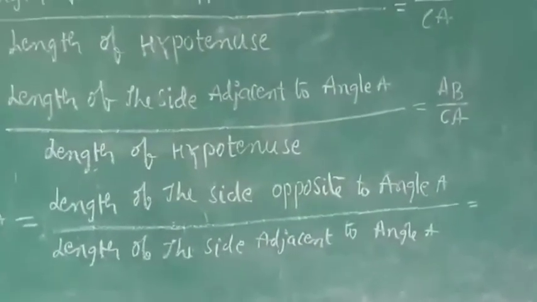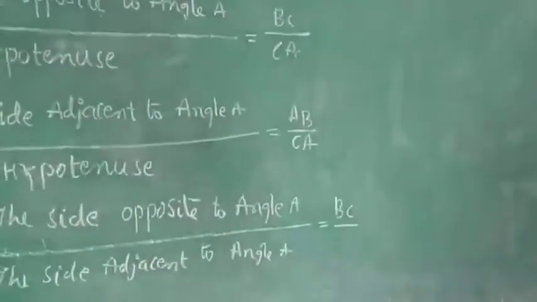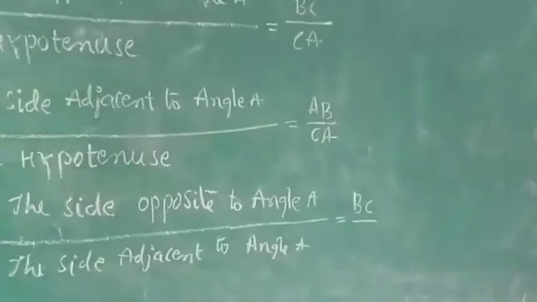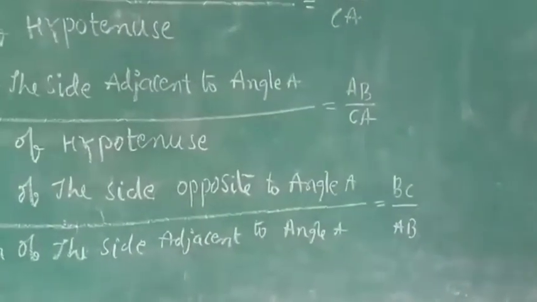The length of the side opposite to angle A is BC, by the length of the side adjacent to angle A, which is AB.